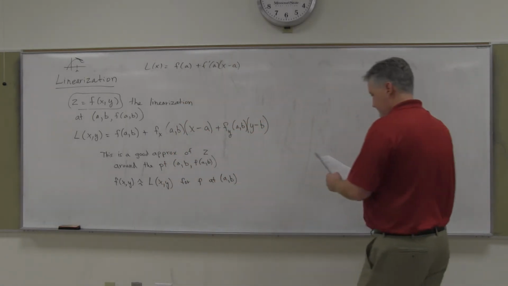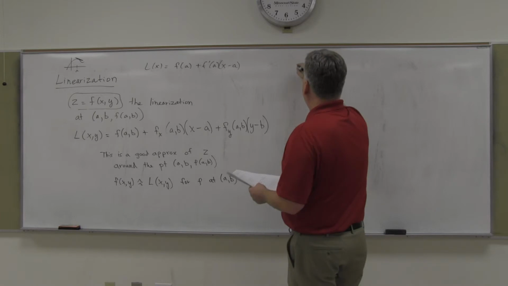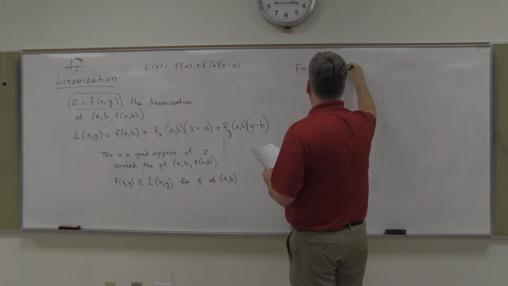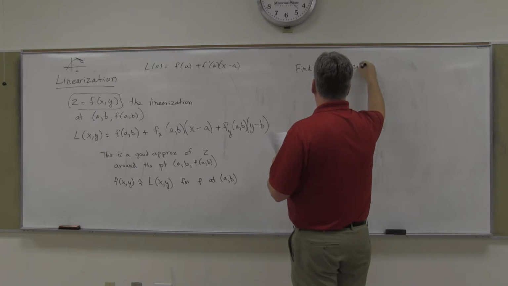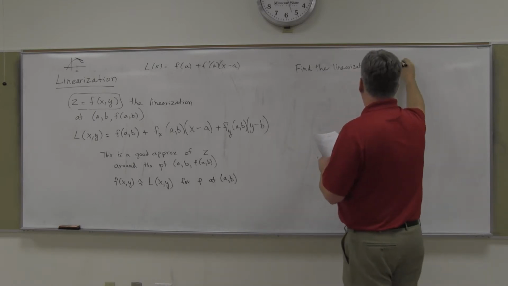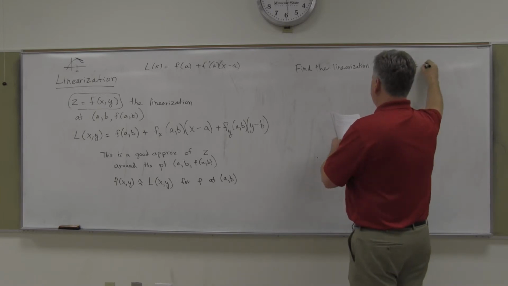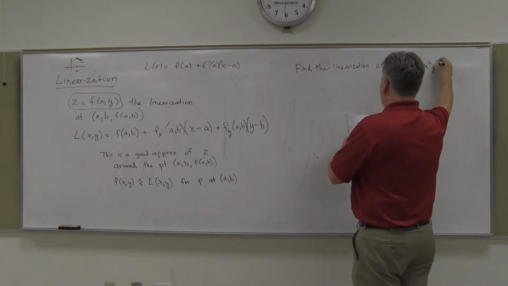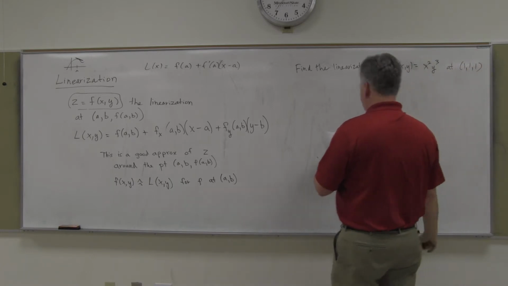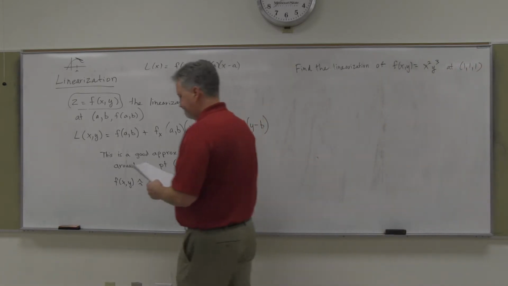Let's find one of those then. So find the linearization of f of x, y equals x squared y cubed at, and let's keep it sort of simple, 1, 1.